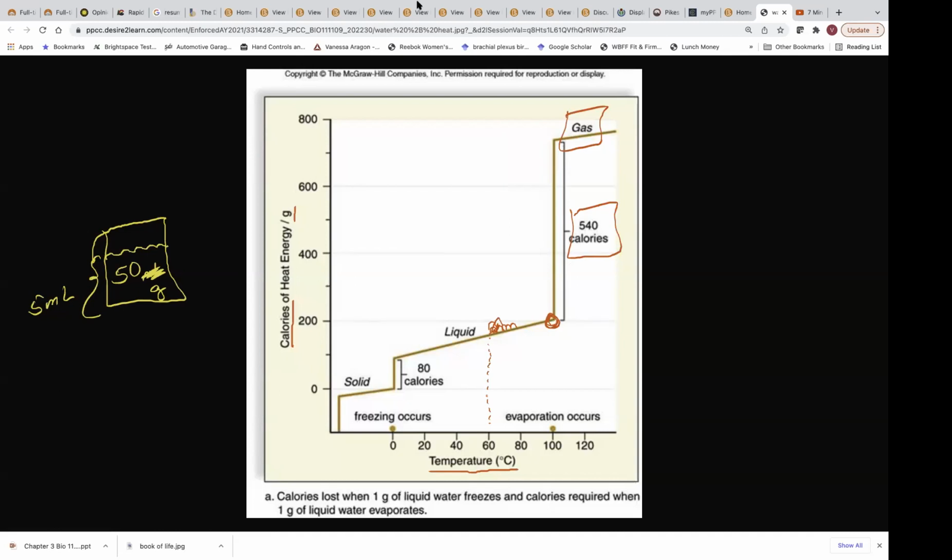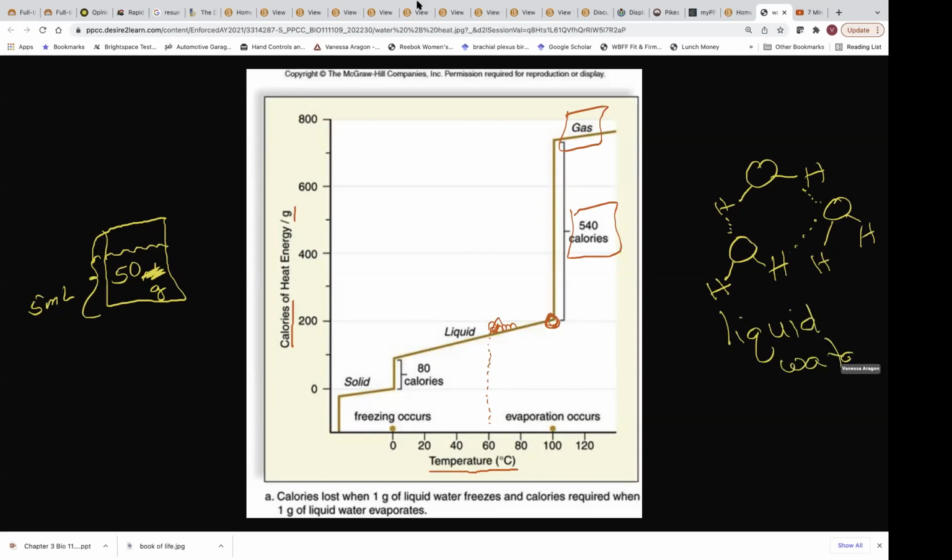If you recall, your water looks like this: oxygen, hydrogen, hydrogen, and then another oxygen, hydrogen, hydrogen, and you have hydrogen bonds between them. So just review what your water looks like. This is liquid water.